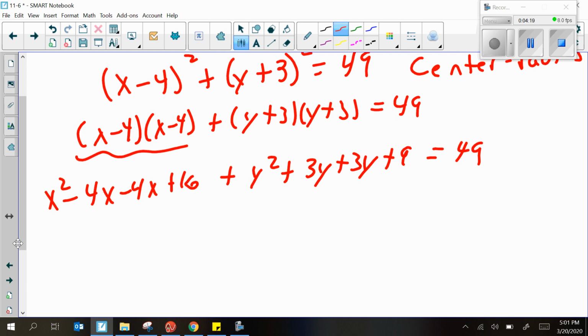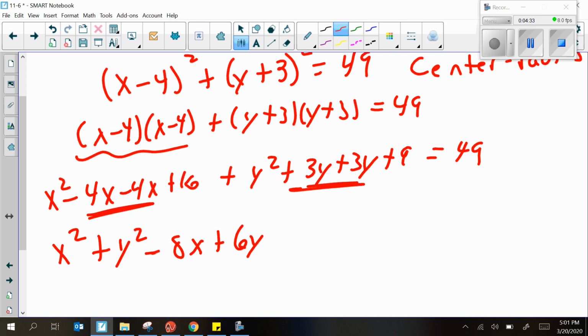And now I'm going to gather my terms and put them in the right order. So x squared plus y squared minus 8x plus 6y. So I'm just adding the x's and adding the y's. Now I need to add the 16 and the 9 together. So that's going to be 25 equals 49.